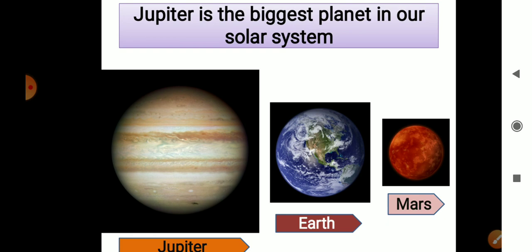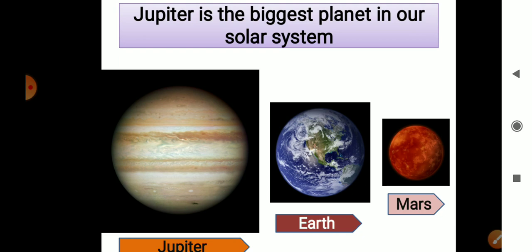So the answer would be: Jupiter is the biggest planet in our solar system. We know the sizes differ among Jupiter, Earth, Mars, Neptune and the other planets, and Jupiter is the biggest, largest planet in the solar system. So here we are using the superlative degree.